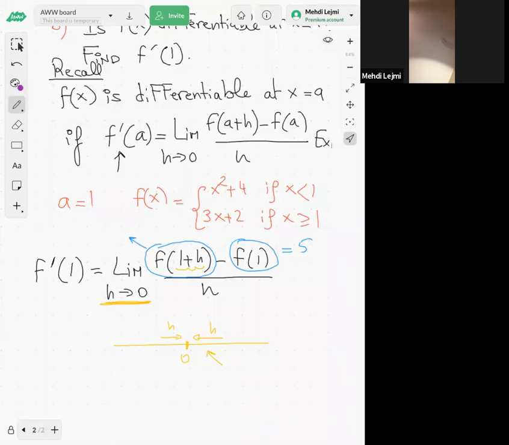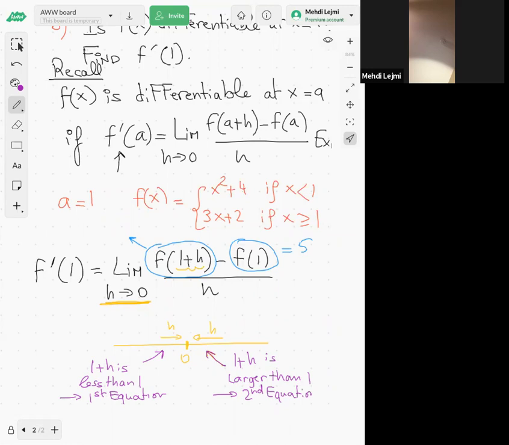So when h is positive, 1 plus h is larger than 1, and when h approaches 0 from the left, h is negative and so 1 plus h is less than 1. When you are less than 1, you use the first equation, and when you are larger than 1, you use the second equation.